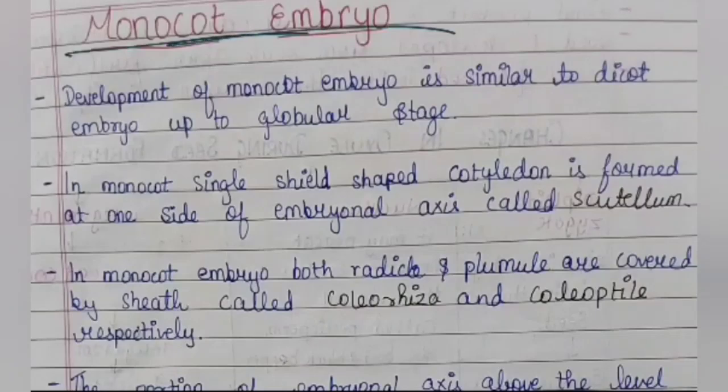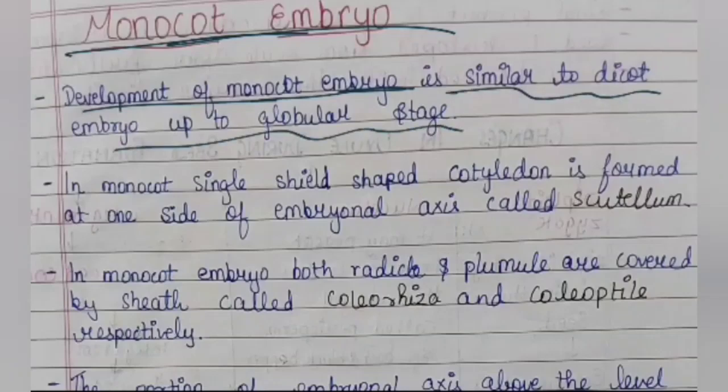Now coming to the monocot embryo. Development of the monocot embryo is similar to the dicot embryo up to the globular stage. In monocots, only a single cotyledon is formed, which is on one side of the embryonal axis, called the scutellum.